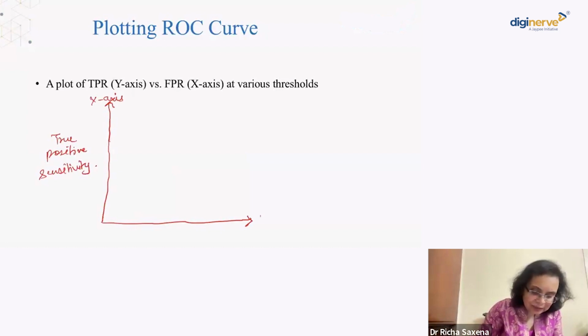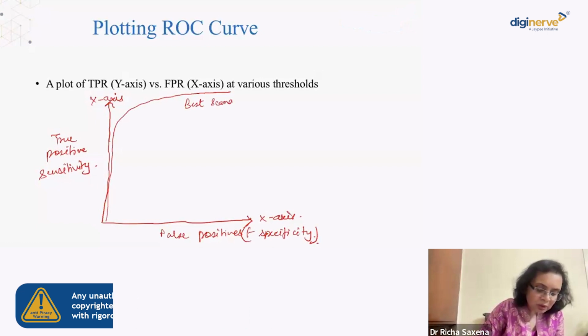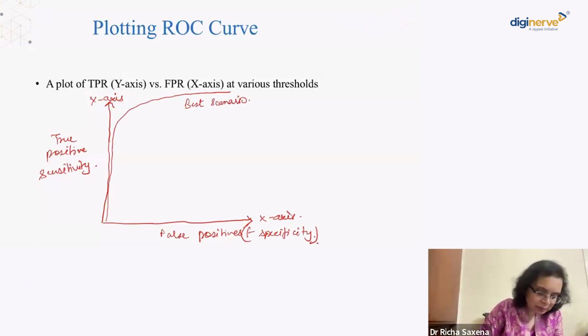The x-axis stands for false positives, or 1 minus the specificity. If the curve is higher and closer to the left-hand side, this is the best scenario possible. Why is this the best scenario possible? Because the best scenario would be when the test is here.